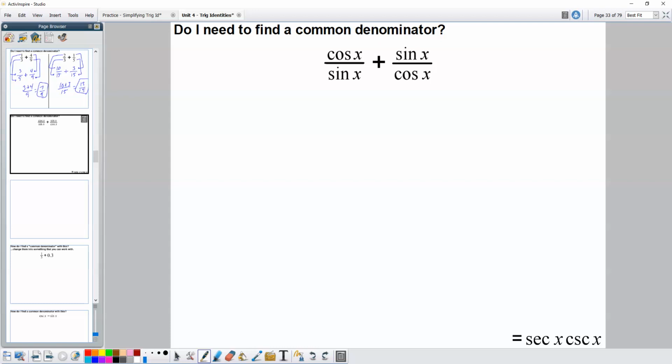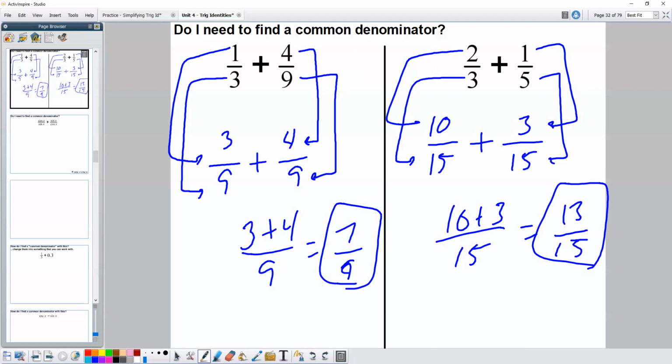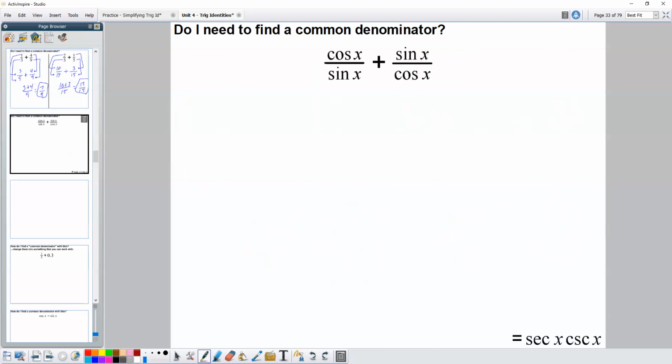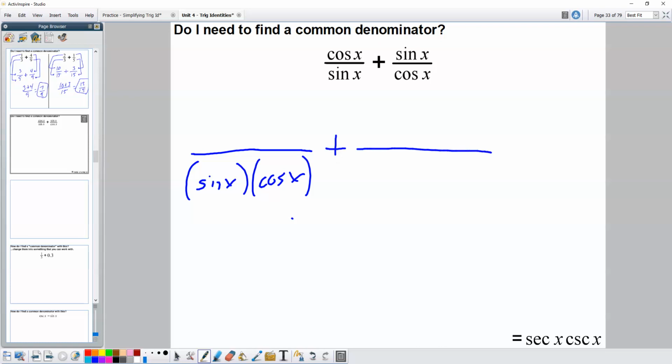So when I look at this, I've got to have a common denominator. And my common denominator will be kind of like this one on the right here, where I multiplied the denominators. 3 times 5 was 15. So my denominator is going to be sine of x cosine of x. And I'm going to ask myself, what did I multiply to get from here to here? Cosine of x.